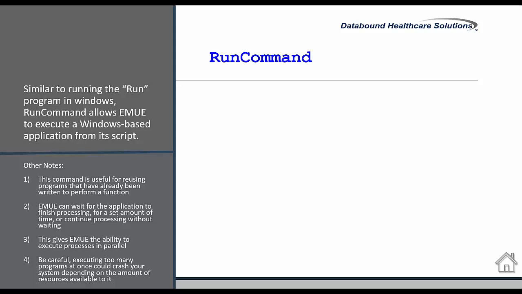And the last note is just a caution. Be careful, though, if you're going to use parallel processing, because if you start processing too many parallel threads, it can slow down and possibly crash your computer based on the resources. So if you're only dealing with 1 gigabyte of RAM, it's probably not a good idea to run 30 different things all at once.